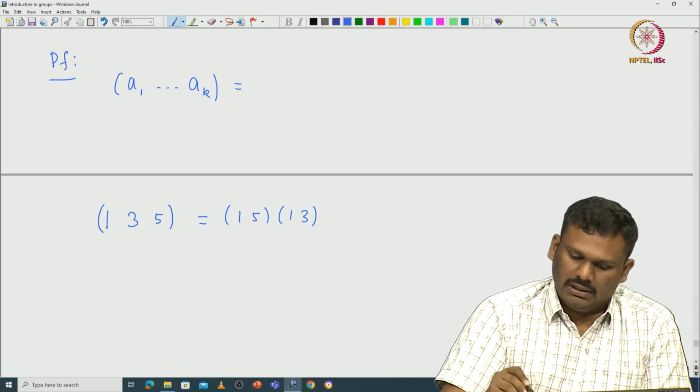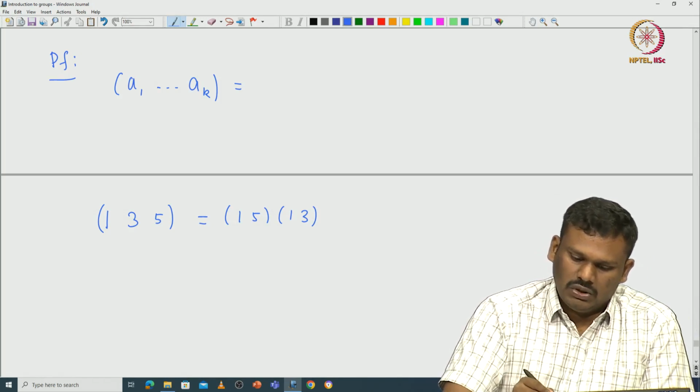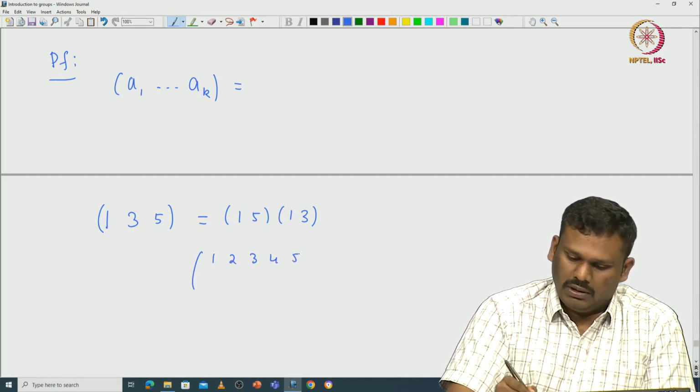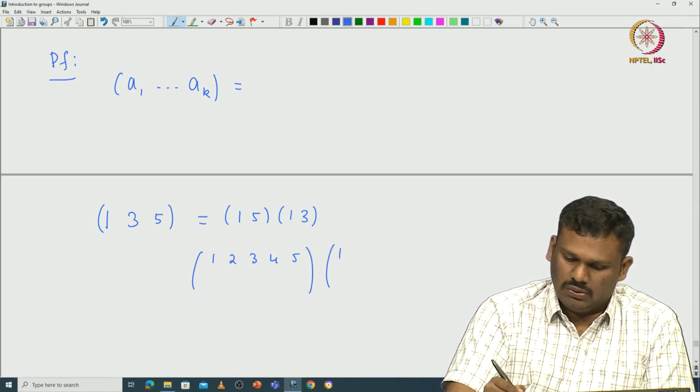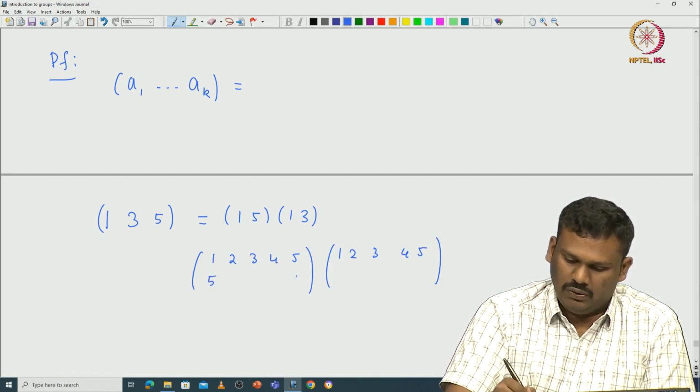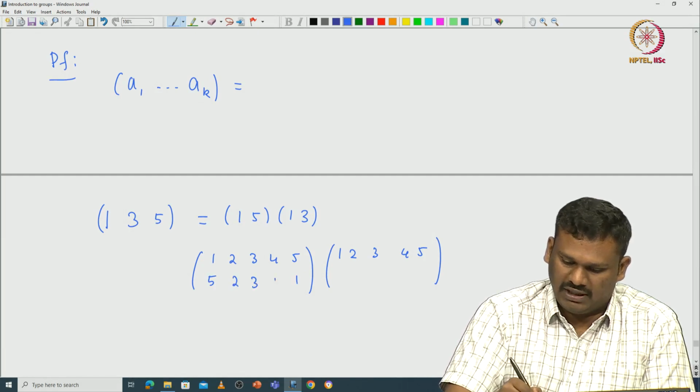Let's see how it is done. What is 1 5? Let's write it in terms of our permutation notation. This is 1 2 3 4 5. So 1 5 just permutes 1 and 5. 1 goes to 5, 5 goes to 1, all other elements are fixed.